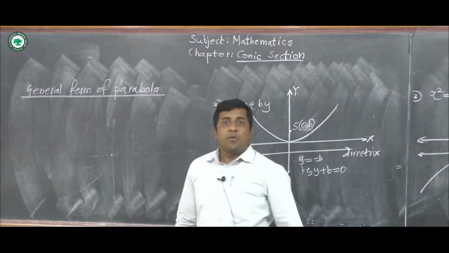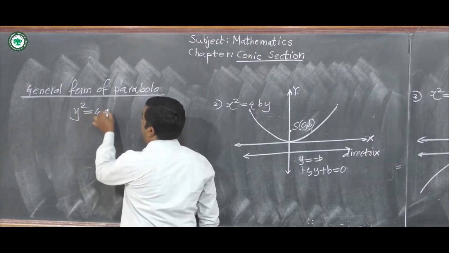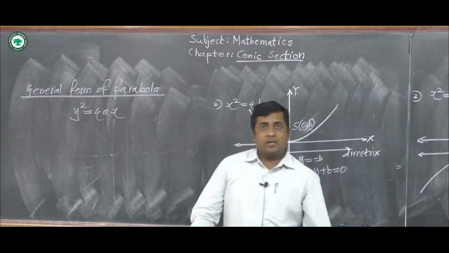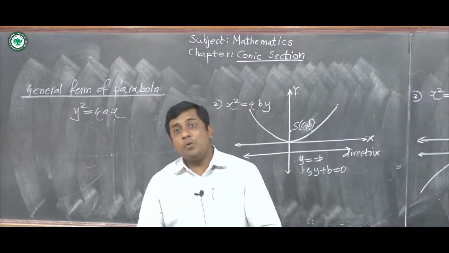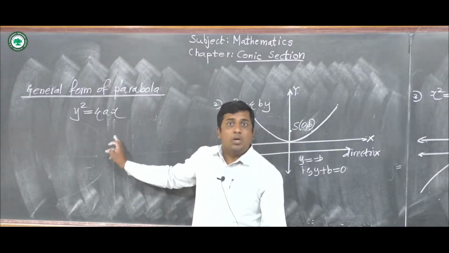Here we know one of the standard forms of the parabola is y square is equal to 4ax, and this parabola has its vertex at the origin.